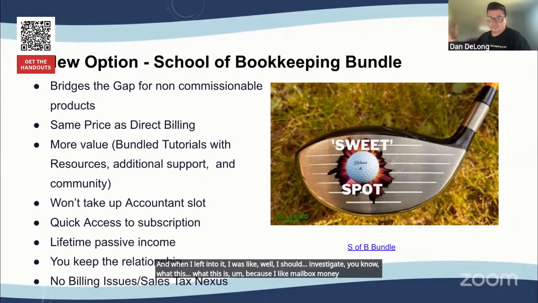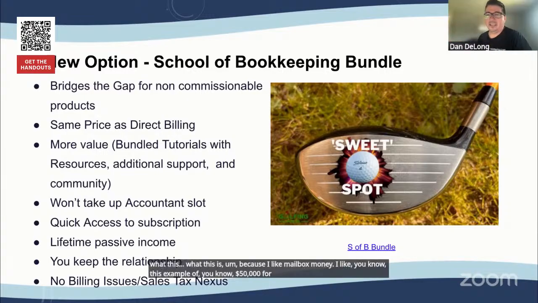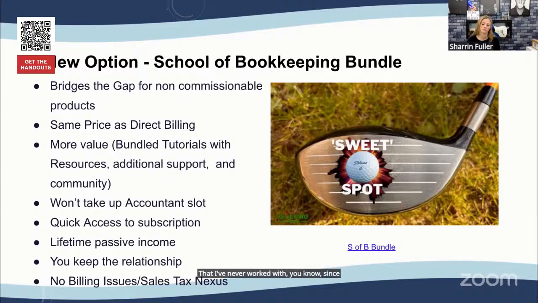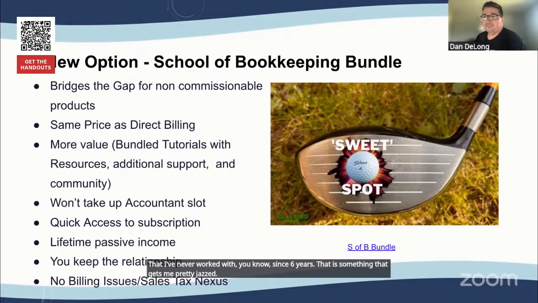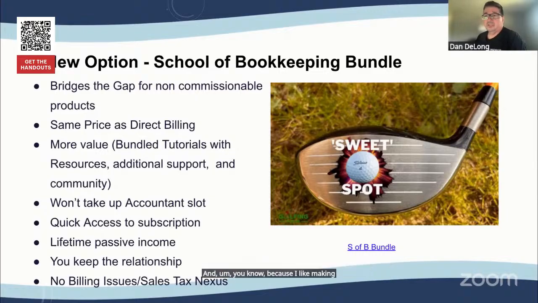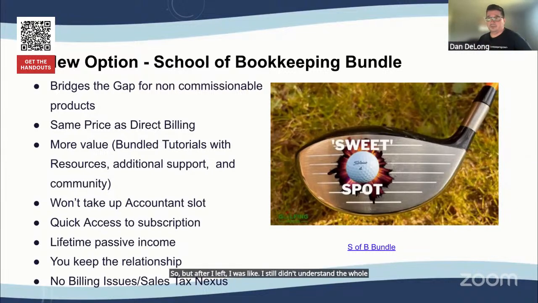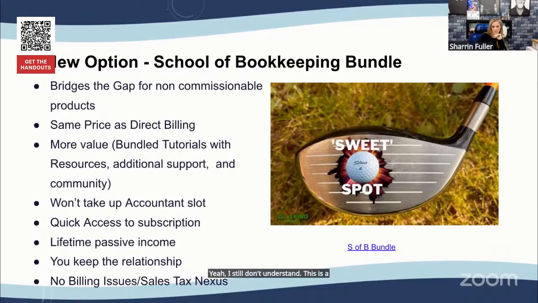This example of $50,000 for an account that I haven't worked with in six years, that gets me pretty jazzed, because I like making money doing nothing. Yeah, we all do, right? But after I left, I still didn't understand the whole criteria, and I still don't understand it. This is a lot of stuff.